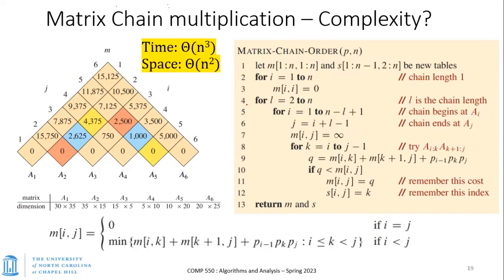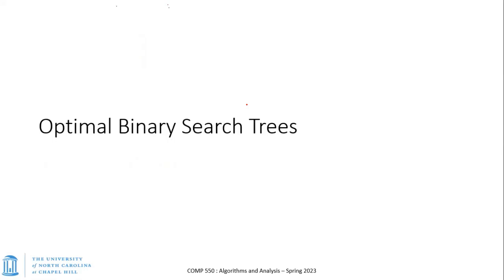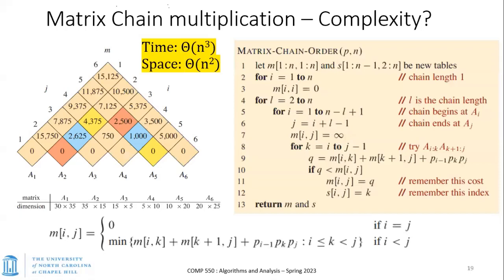So that's basically the end of the second last example of dynamic programming, and we look at the next problem. So now remember, we're not just doing one matrix multiplication. That was doing just one matrix multiplication.